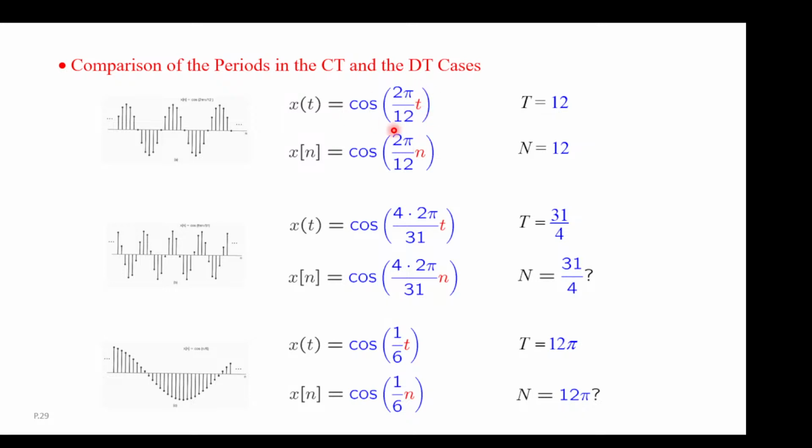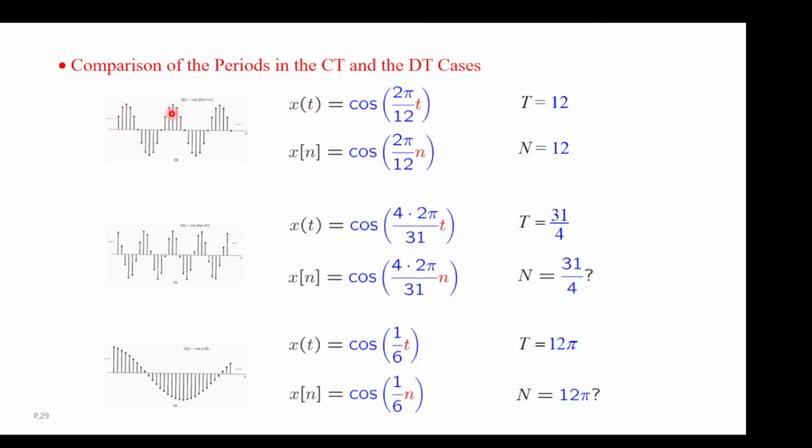You just read from here: T equals 12, and so N also equals 12, which should be fine. So you see that one period has 12 dots. It has length 12.